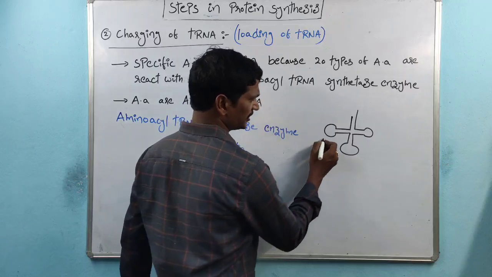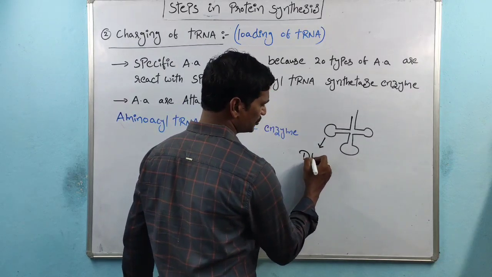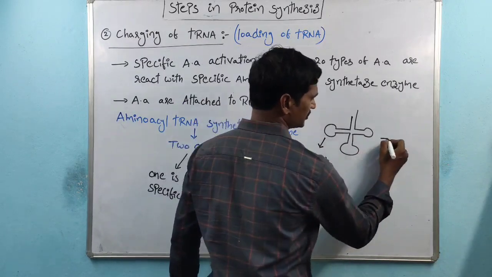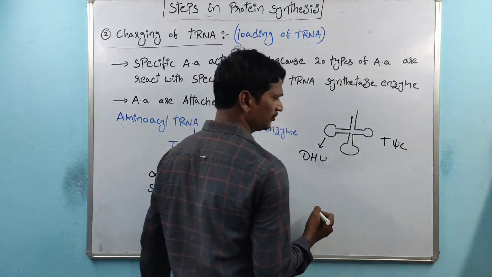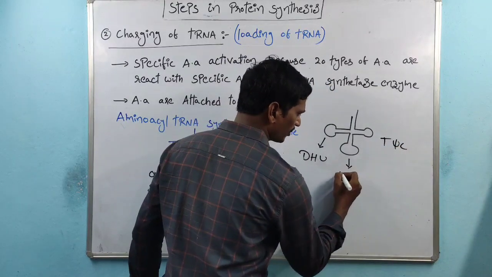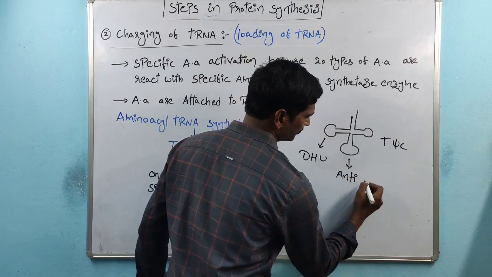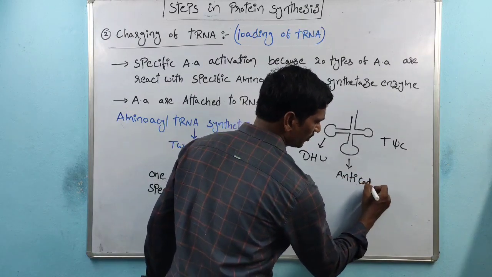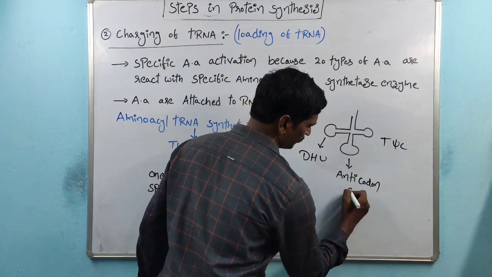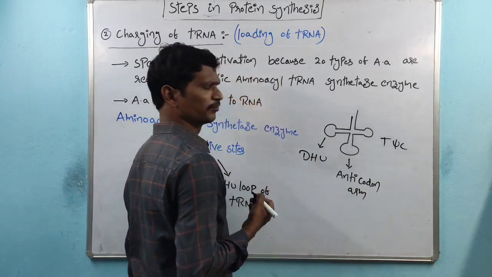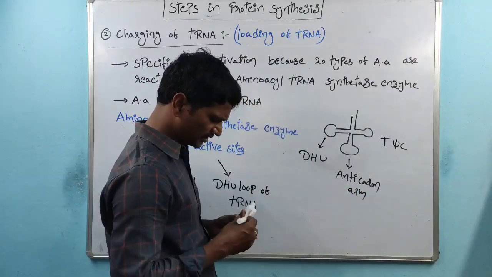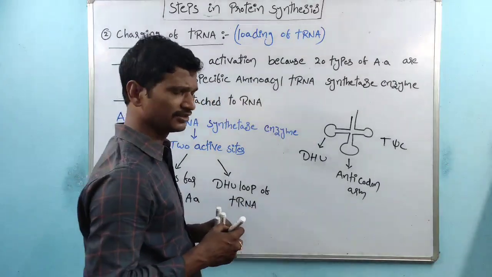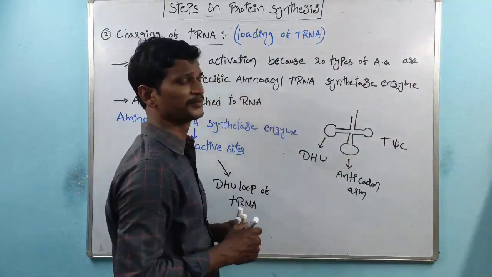This is the DHU arm. This is the T-C arm. This is the anticodon arm or anticodon loop. This tRNA is empty.